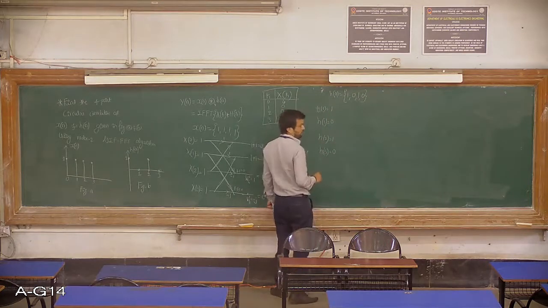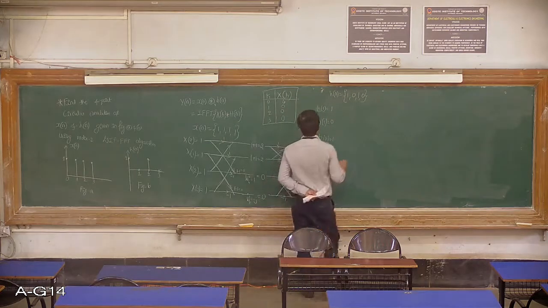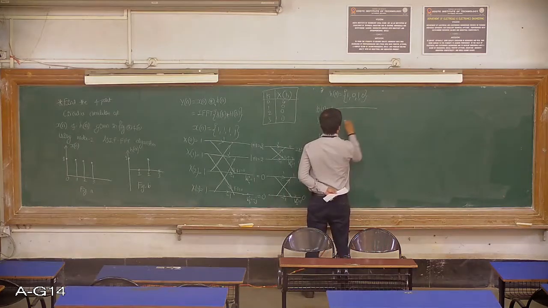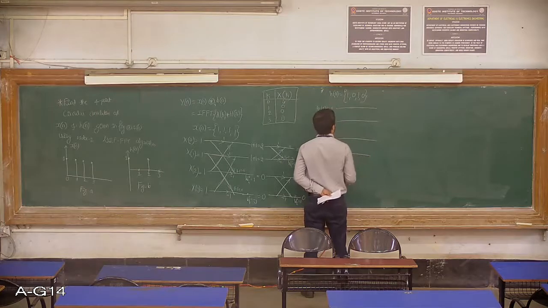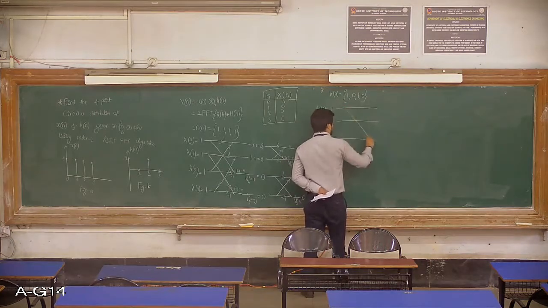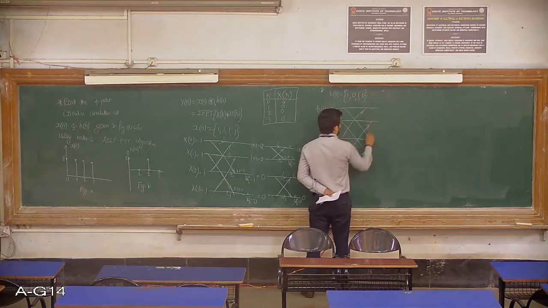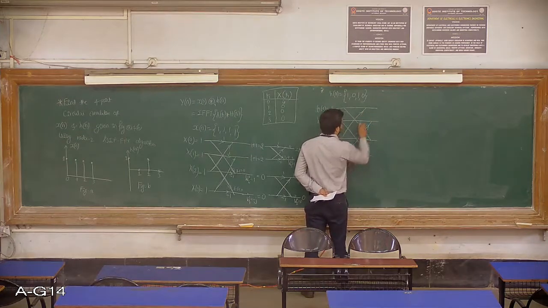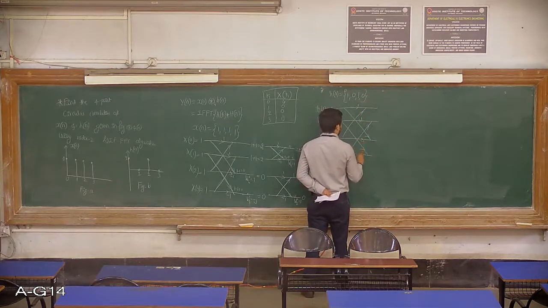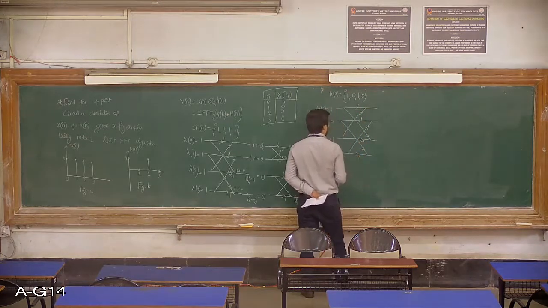After that, apply the 4-point butterfly diagram. Draw the 4-point butterfly diagram. The first point is connected to the third point, the second point to the fourth point. So two up arrows, two down arrows. The first two are positive 1, the next two are -1. Compute the values now.